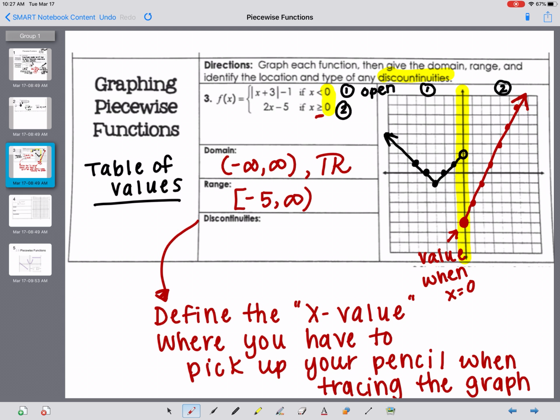Okay, so this discontinuity should be where I highlighted, which is x equals 0.